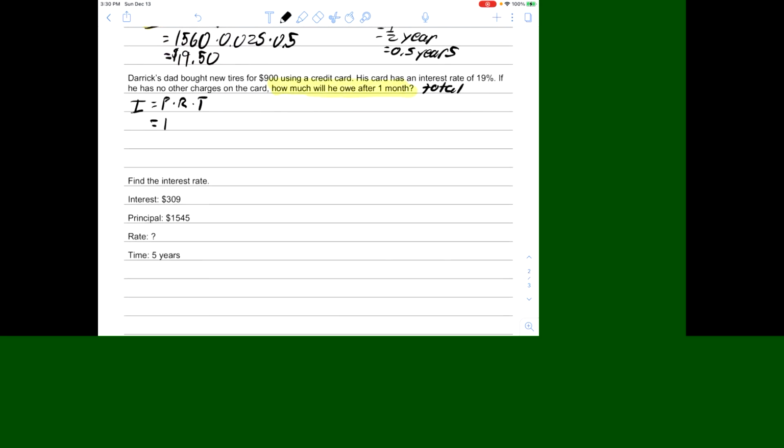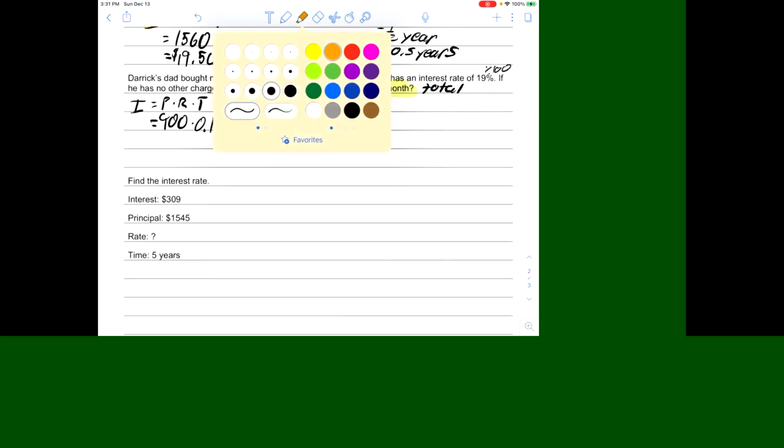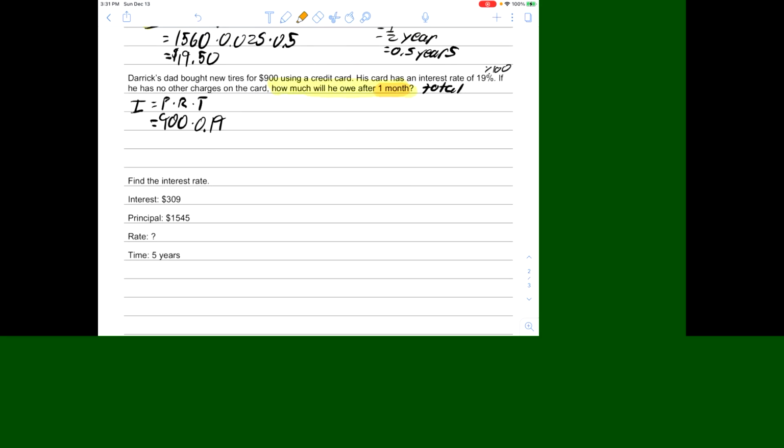My principal is $900. My rate is 19%. To turn that into a decimal, we divide by 100, so 0.19. And then my time is kind of interesting. My time is just 1 month. Well, we can do just like we did a moment ago. We can say, okay, 1 month, that's 1/12.